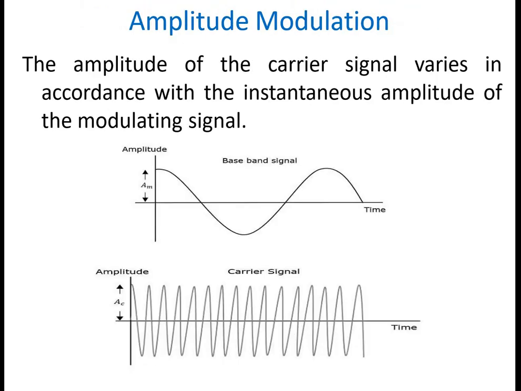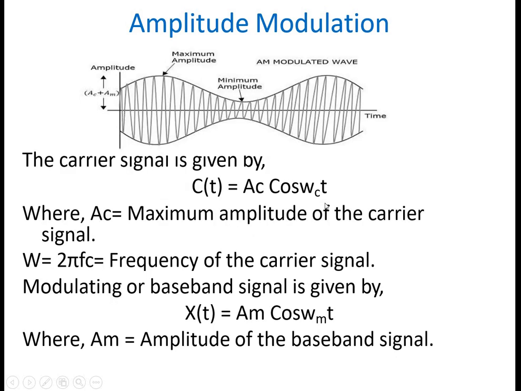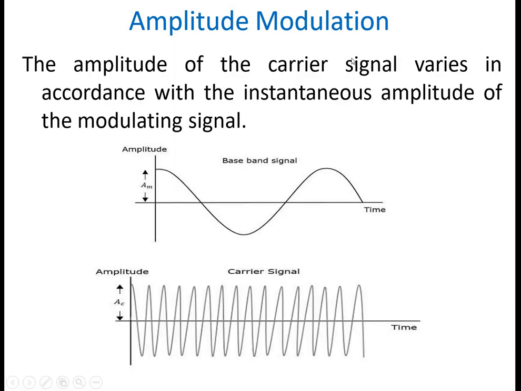Then here I have shown the amplitude modulated signal, how we generate or get that amplitude modulated signal. Again, it is an important part. Here the amplitude of the carrier signal varies in accordance with the instantaneous amplitude of the modulating signal. Here the baseband signal is given as the input signal, and here is the carrier signal.